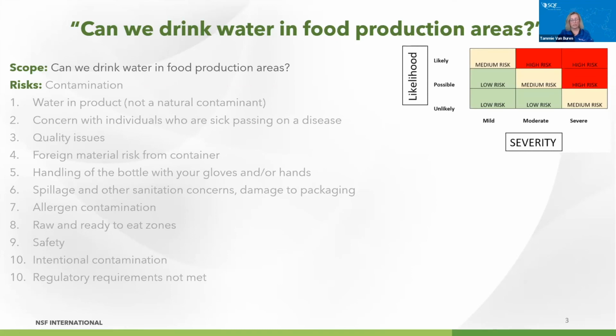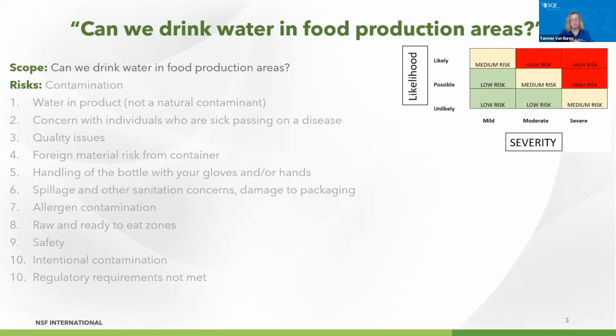Allergen contamination. One of our participants said they have a no allergen facility. Are those water bottles going to be carried to the break room where they eat their peanut butter sandwich and then carried back out into the production area? And then the raw and ready to eat zone. If you work in a factory where you have both raw and ready to eat, are people moving between those two areas, and could they contaminate ready to eat product by bringing something from the raw area?